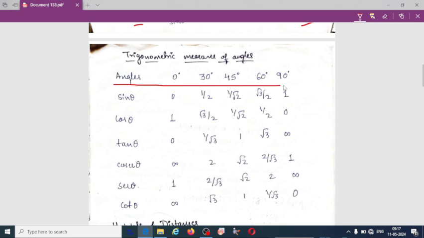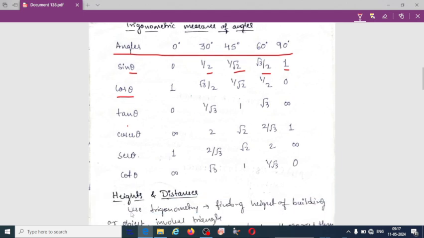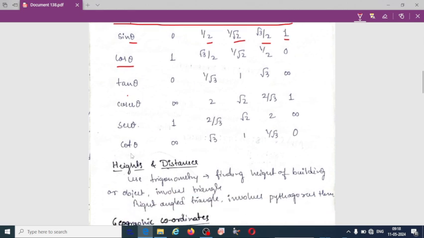For all these trigonometric ratios: sine 0 is 0, sine 30 is half, sine 45 is 1 by root 2, sine 60 is root 3 by 2, sine 90 is 1. Like that for cos, tan theta and cosec theta, you must know all the angles. So please try them, practice them. You already studied a few, so it will be helpful if you practice once again.